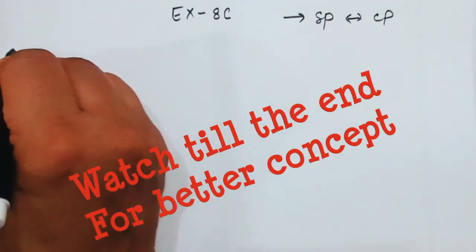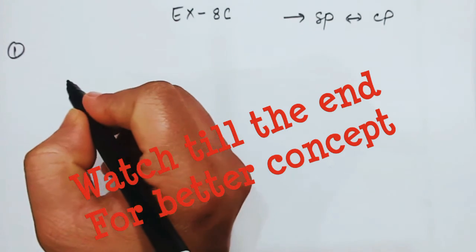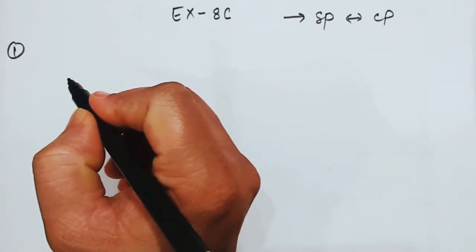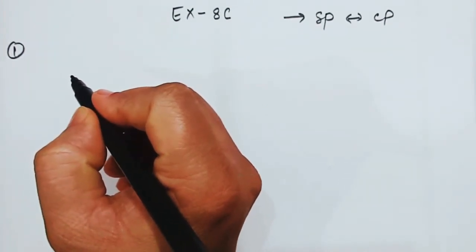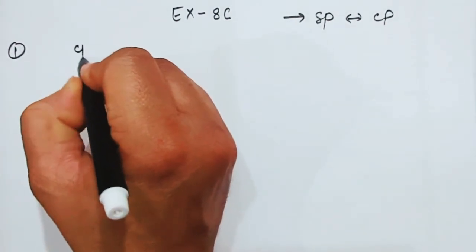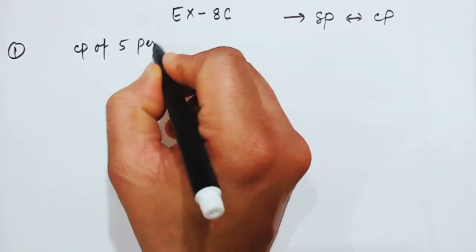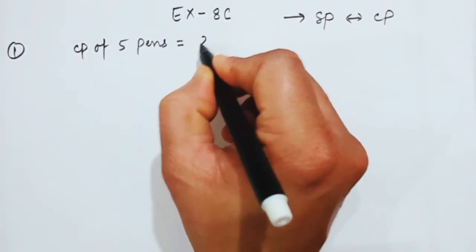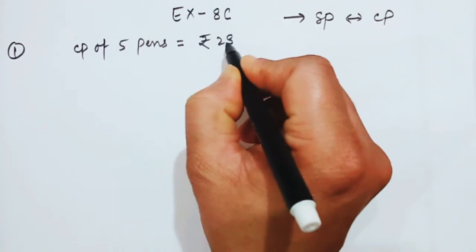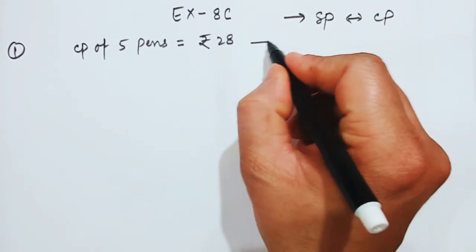Starting from number 1, a stationer buys pens at 5 for rupees 28. So cost price of 5 pens is equal to rupees 28. And he sells them at a profit of 25%.